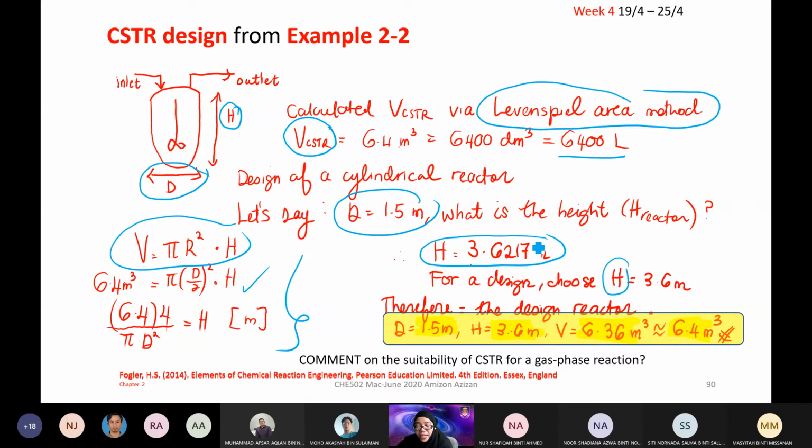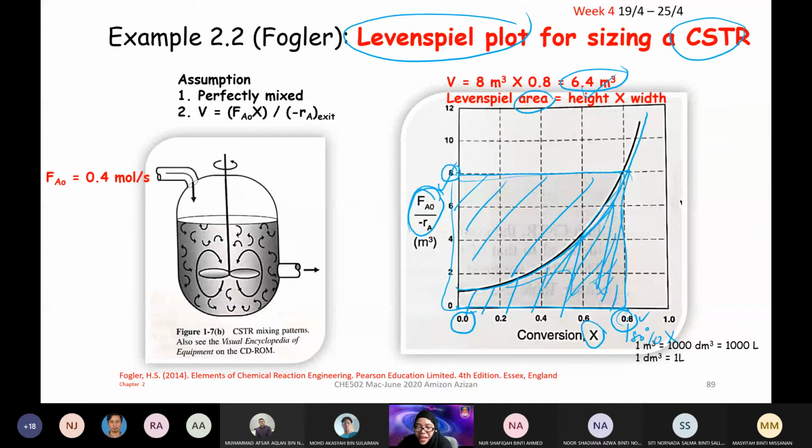The design height chosen would be the rounded number to one decimal point, which is 3.6. If you were to check, the design height 3.6 times the diameter 1.5 will give you 6.36 cubic meters, which is closely equivalent to the Levenspiel area, 6.4 cubic meters. Okay?